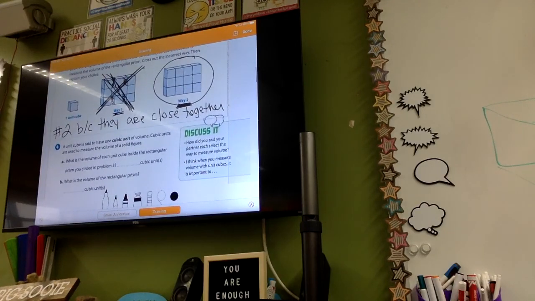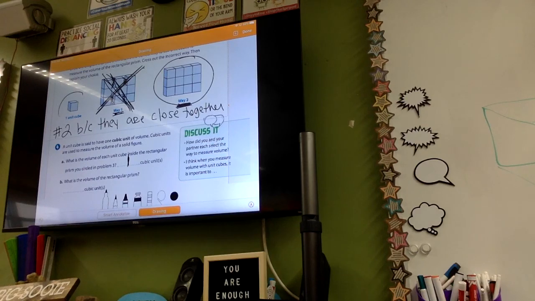All right, let's look at number 4. A unit cube is said to have 1 cubic unit of volume. Cubic units are used to measure the volume of a solid figure. A. What is the volume of each unit cube inside the rectangular prism you circled in problem number 3? So each unit cube, the volume is what? Each cube, not the whole thing. 1.